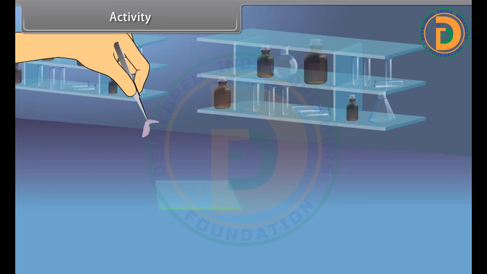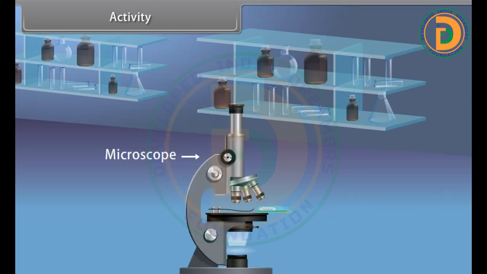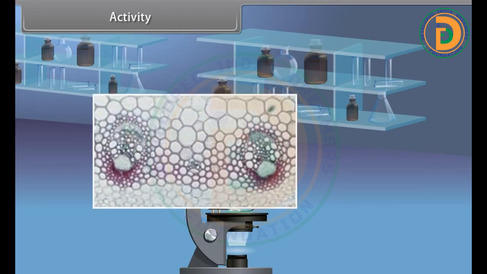Now add a few drops of safranin and wait for 2 to 3 minutes. I have now transferred it on a slide with a drop of glycerine and covered it with a cover slip. When you observe it under a microscope, you will find different layers of cells.